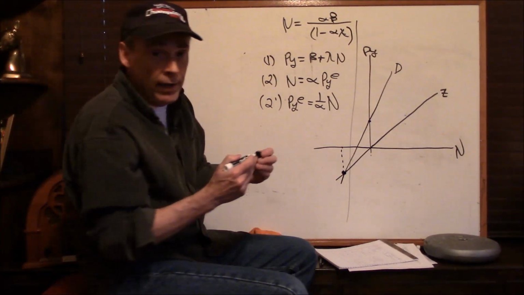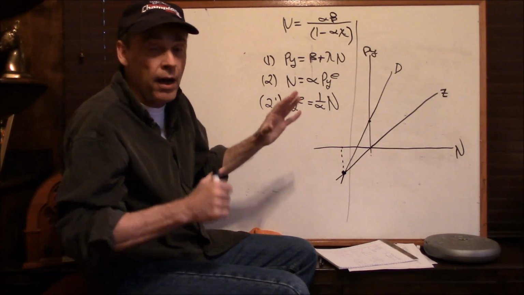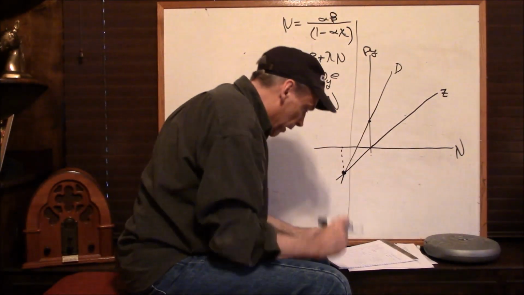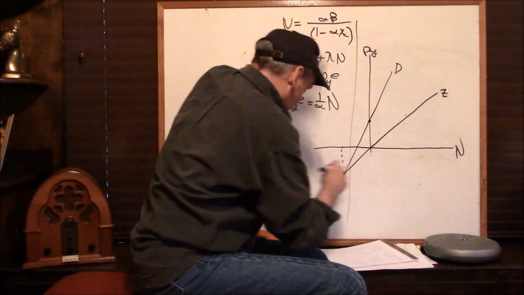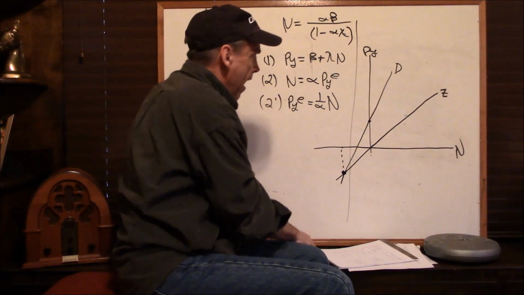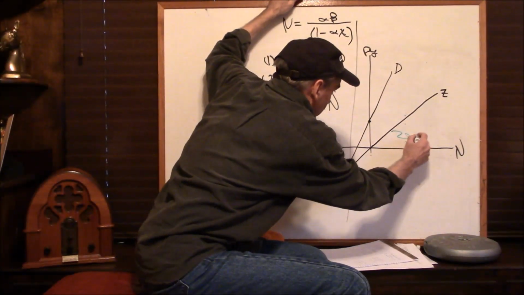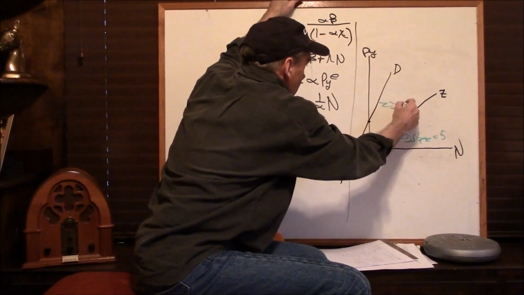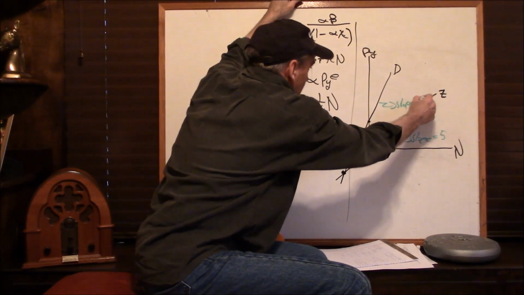Now, how does that translate into the equations? I'm glad I asked that question. Let's say that this slope, what example did I use before? Okay, I left the Z curve at 5. Well, let's say the slope of this is equal to 6.